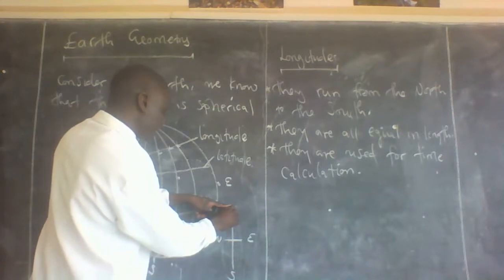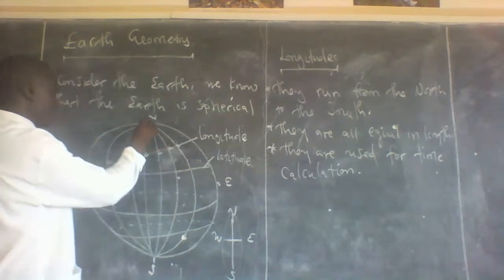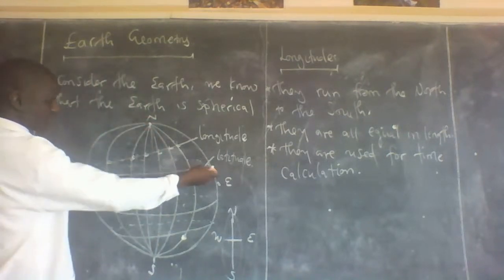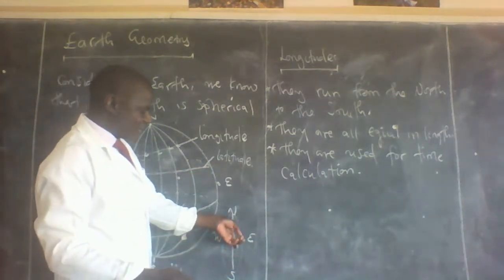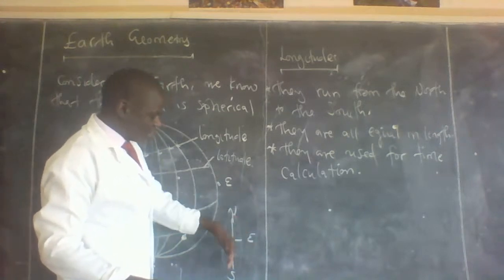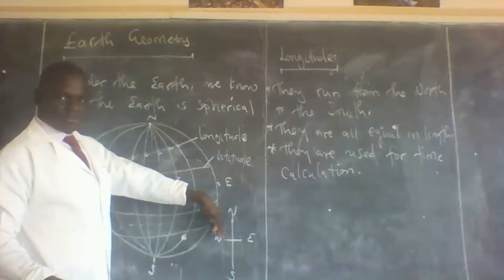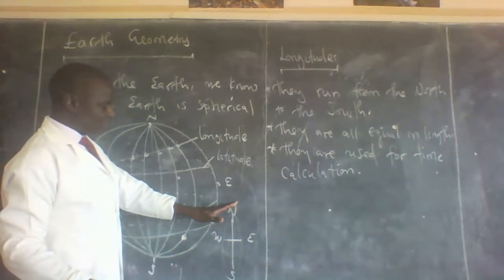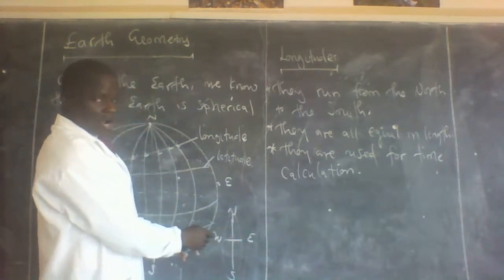If you demarcate the earth in that way, you're going to have some lines on the east among the longitudes, and other lines on the west.